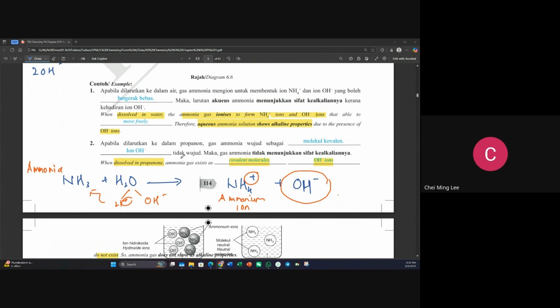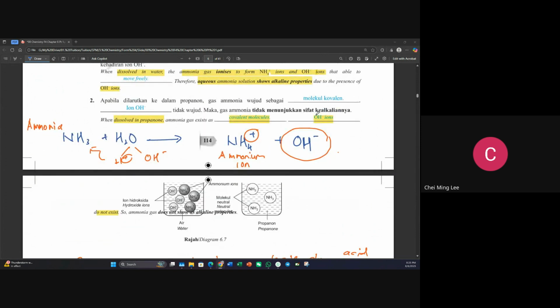When dissolved in propanol, the ammonia gas exists as covalent molecules, and the hydroxide ion does not exist. So the ammonia gas does not show the alkaline property. Sorry, the drawing suddenly moved up when I was trying to convert it.